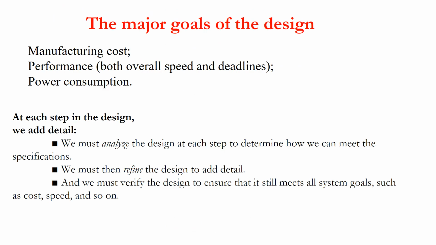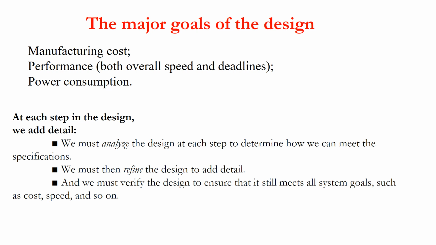Here the major goals of the design are manufacturing cost, performance and power consumption. This PPM rule we have to always keep in mind. That is power consumption, performance and manufacturing cost. Here the performance stands for both overall speed as well as the deadline.